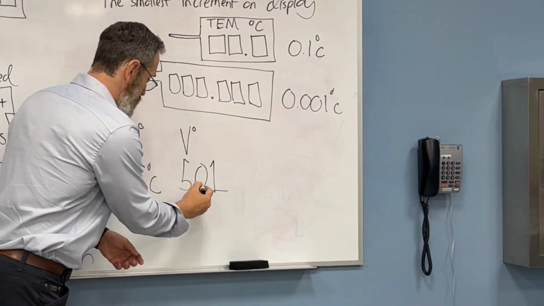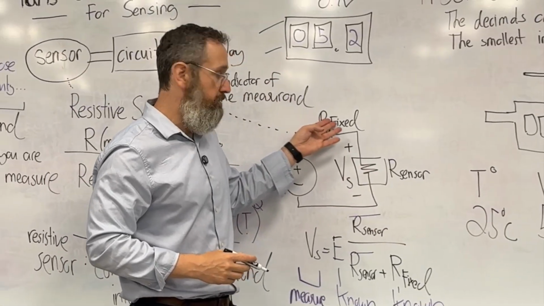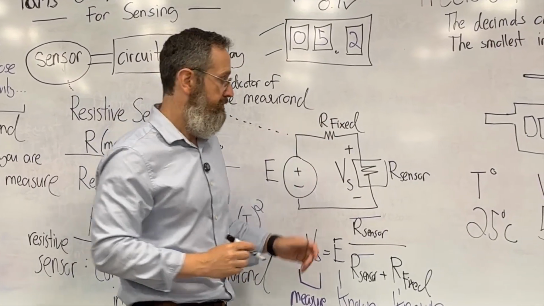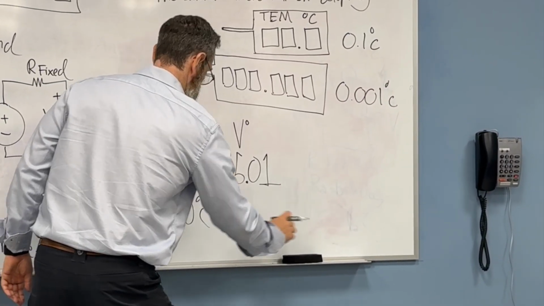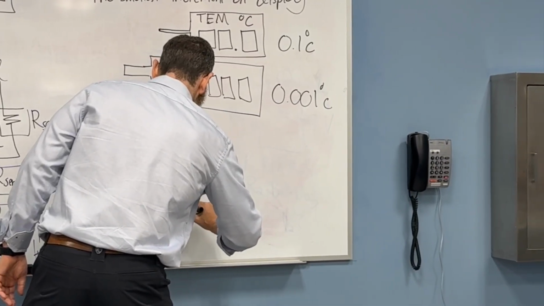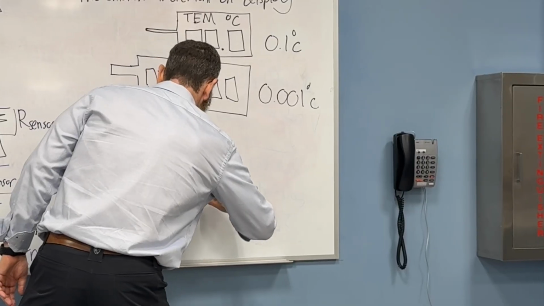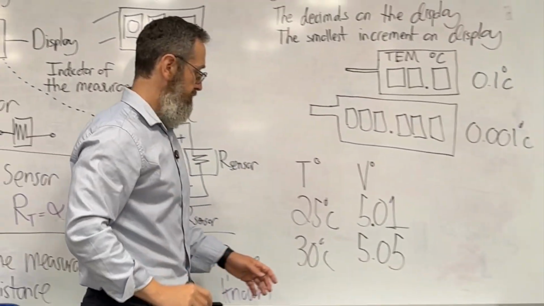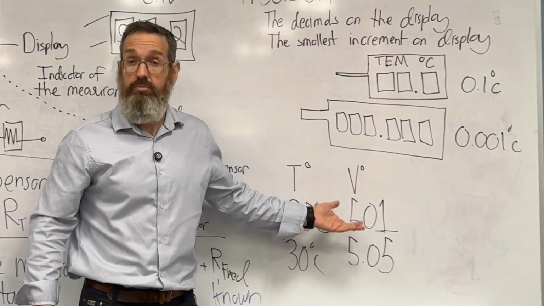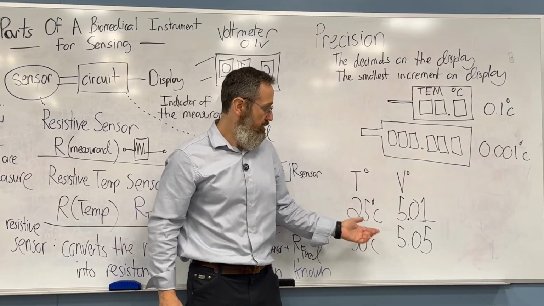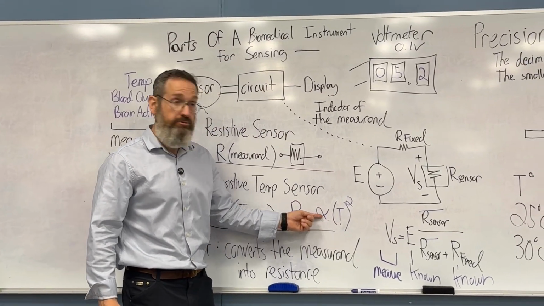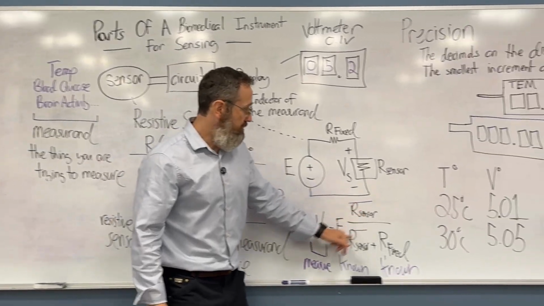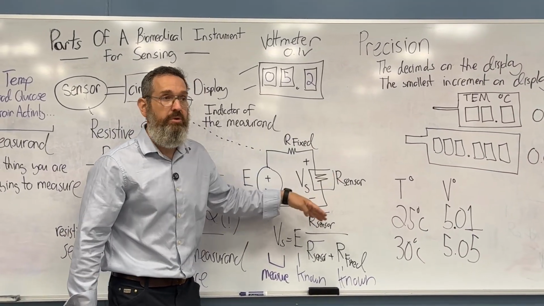Why is it 5.01? It's a function of whatever you picked here and what you picked here. At 30 degrees, which is a pretty big difference, the voltage is 5.05. Now, why does it change? Look at the previous lectures. Because when the temperature changes, the resistance changes by some amount, and the resistance change will change the voltage out by some amount.